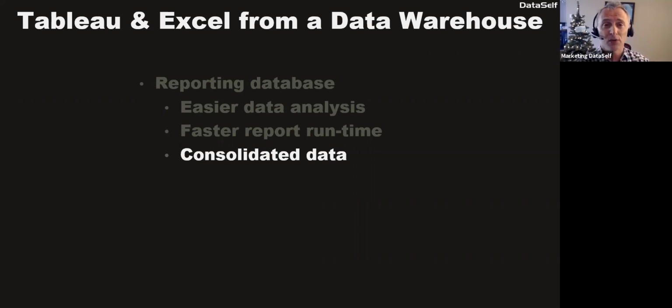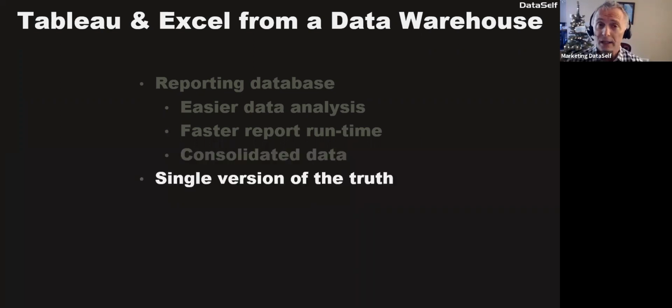Once this person gives you a new data set in the data warehouse, the data is combined, it's automatically calculated, it's prepped, and you just have to get it out into Excel or things like Tableau. So data consolidation is a big benefit because you don't have to do it at the UI, you do it at the database level. Single version of truth, I already told you about. It's in the data warehouse, it's a single place where the metrics are, you just pull them out, so you don't have to calculate over and over and over in your reporting tool.